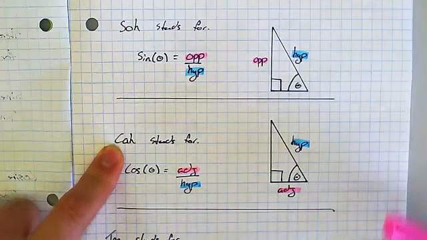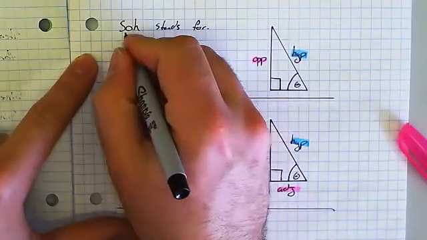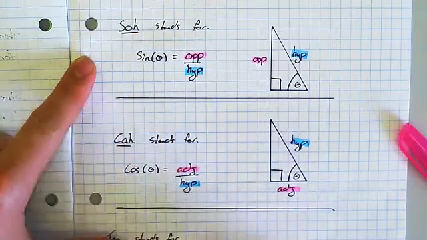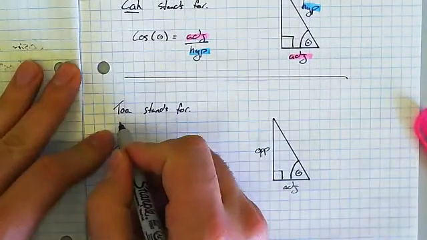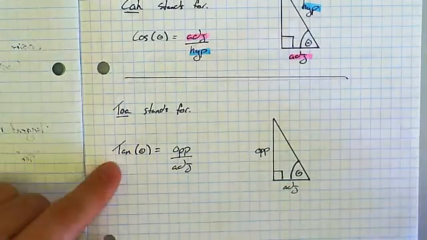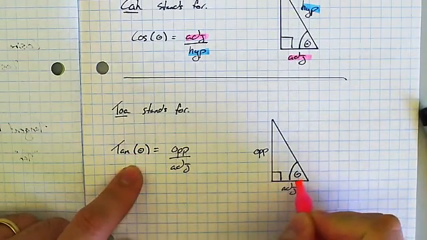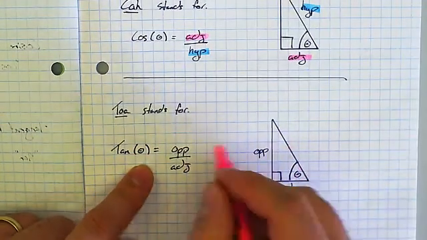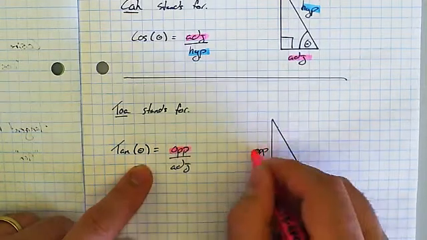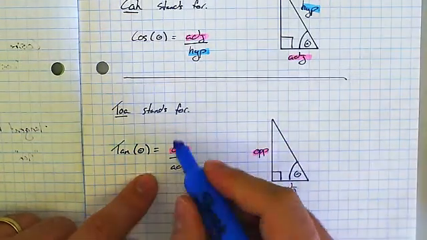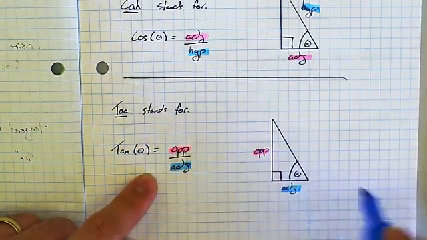So this would be our SO, this would be CAH. Last we have TOA, which stands for our tangent ratio. So tan of theta, labeled based off our angle in our corner, we have the opposite side divided by our adjacent side.